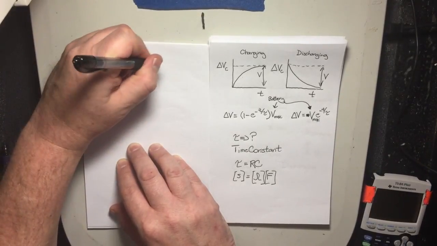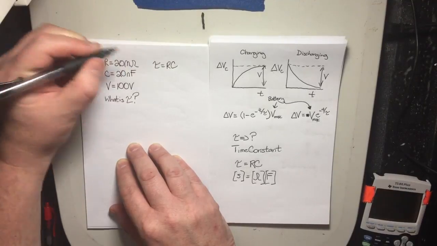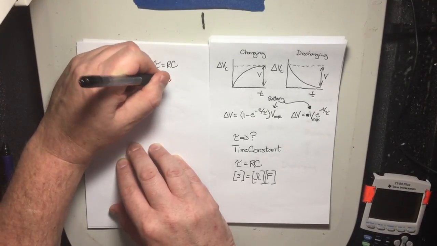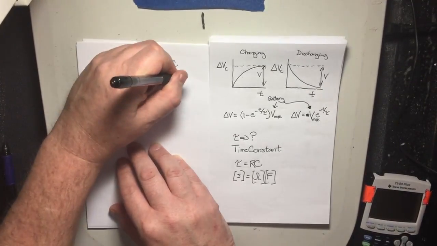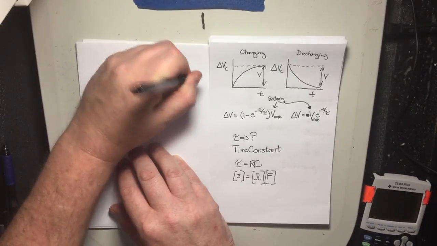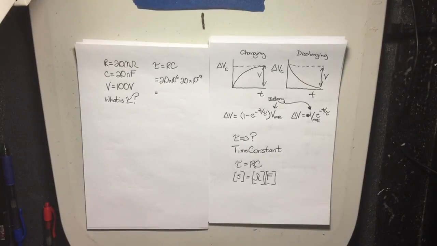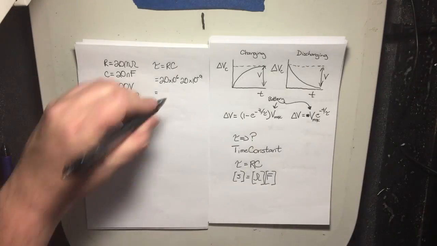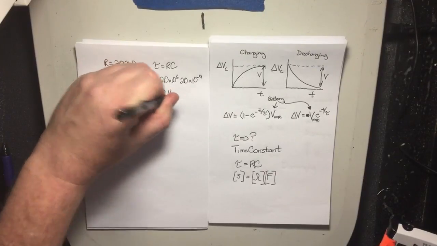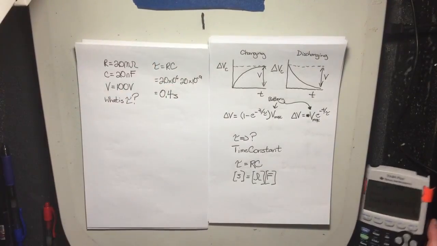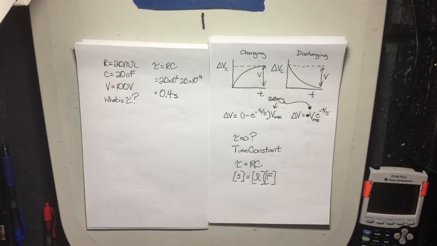So tau is just RC, 20 times 10 to the 6th, 20 times 10 to the negative 9. So tau should be 0.4. So the time constant is 0.4 seconds.